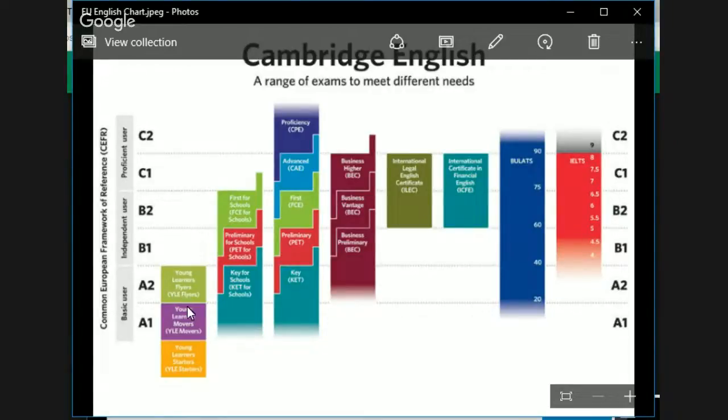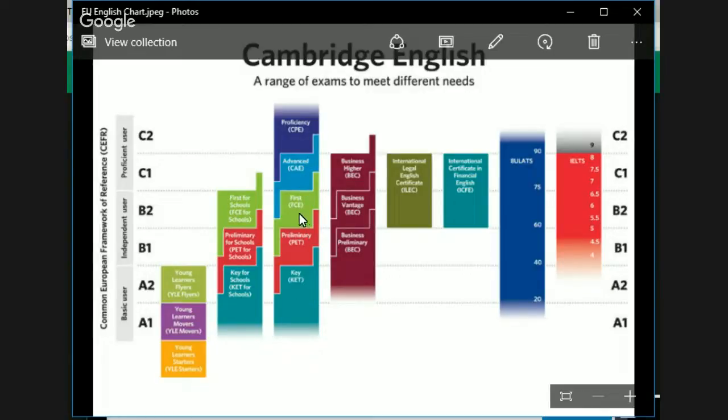You can see the levels on the left and the right, the A1, B1, C1, same leveling that is used right here at Verbling. And they have a number of different exams, including the IELTS, BULATS. The business series is leveled, as are the KET, PET, FCE, CAE. You notice they're different levels.